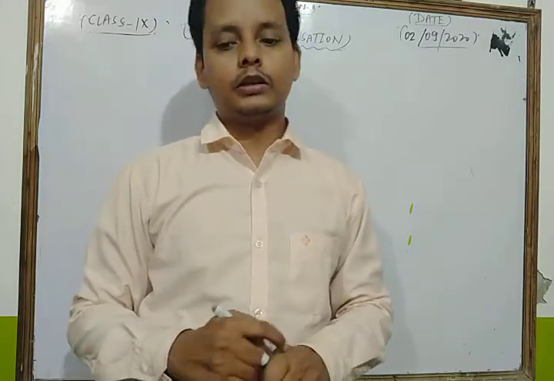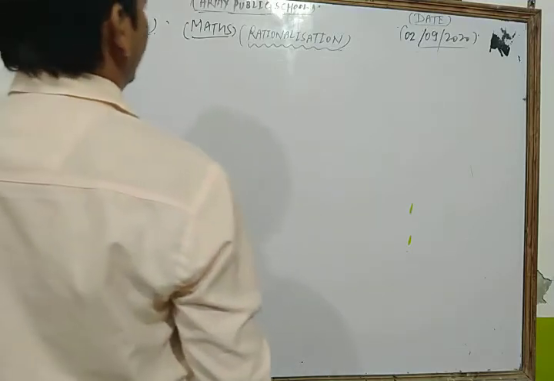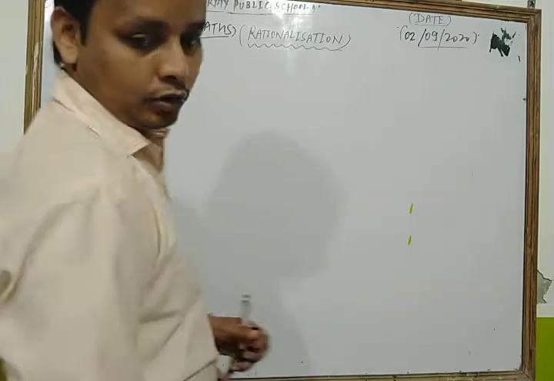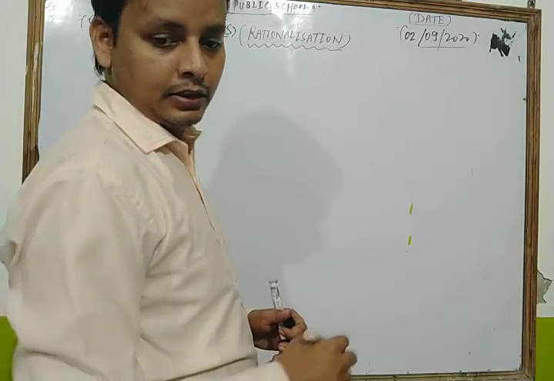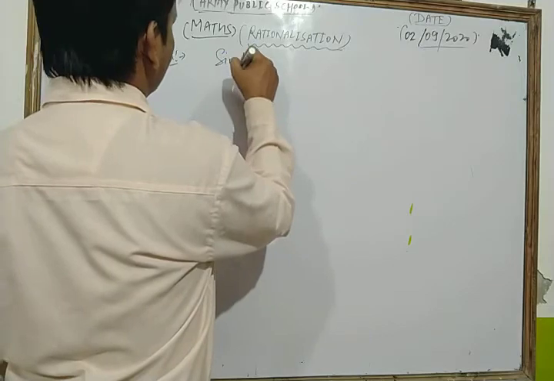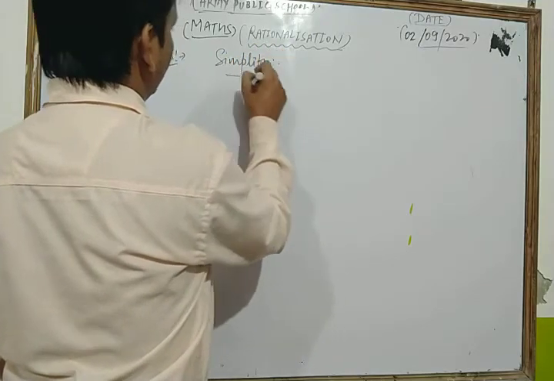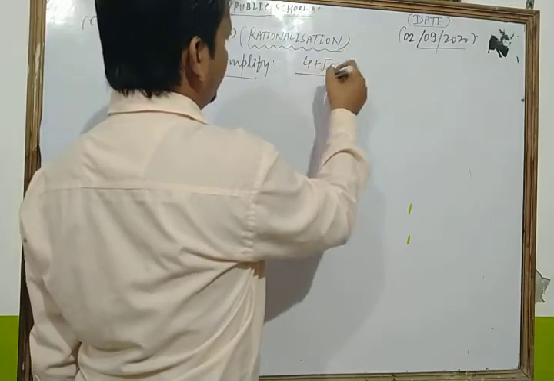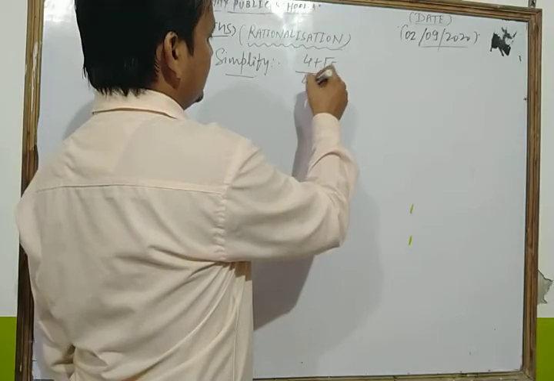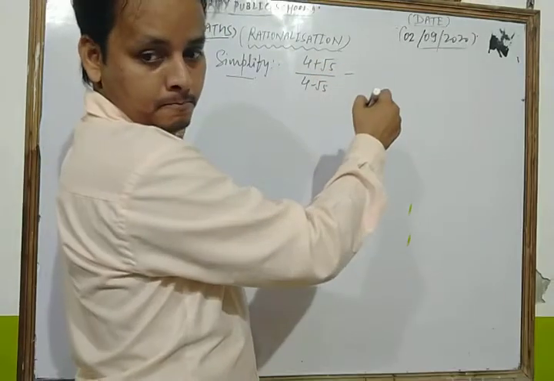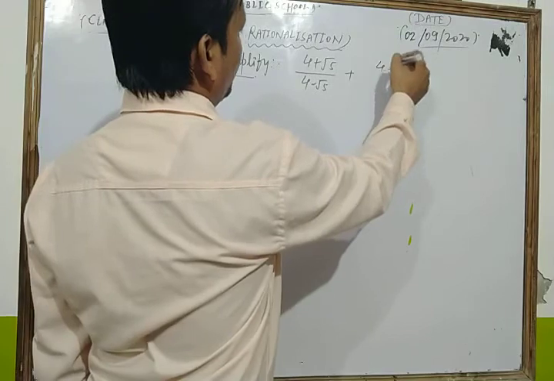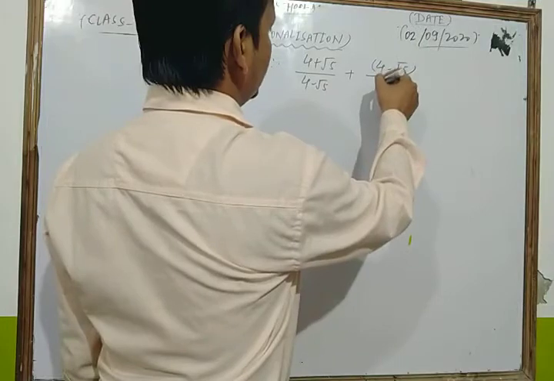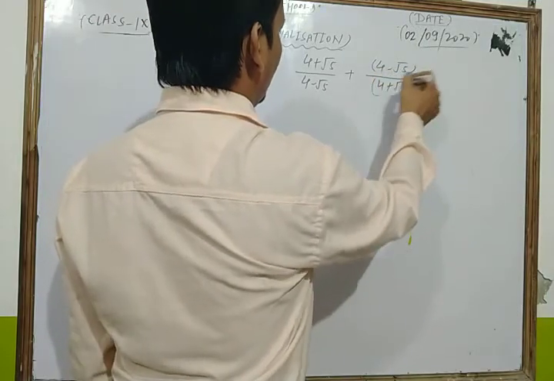Let's see, dear students, the first question. Simplify: (4 plus root 5) upon (4 minus root 5) plus (4 minus root 5) upon (4 plus root 5).